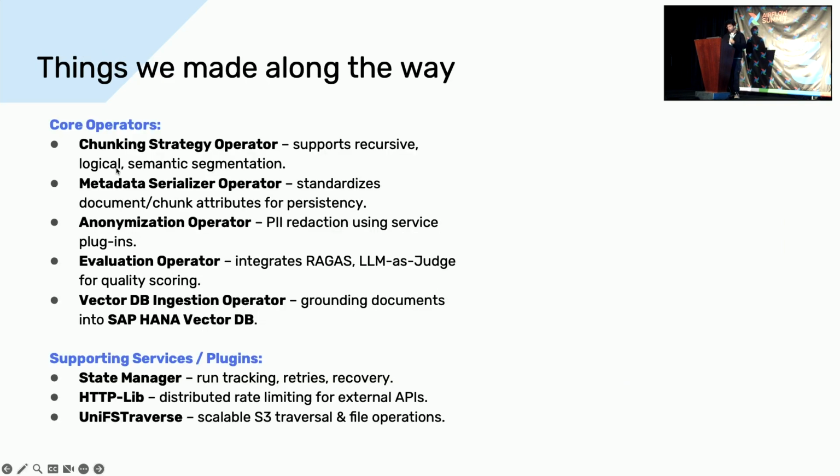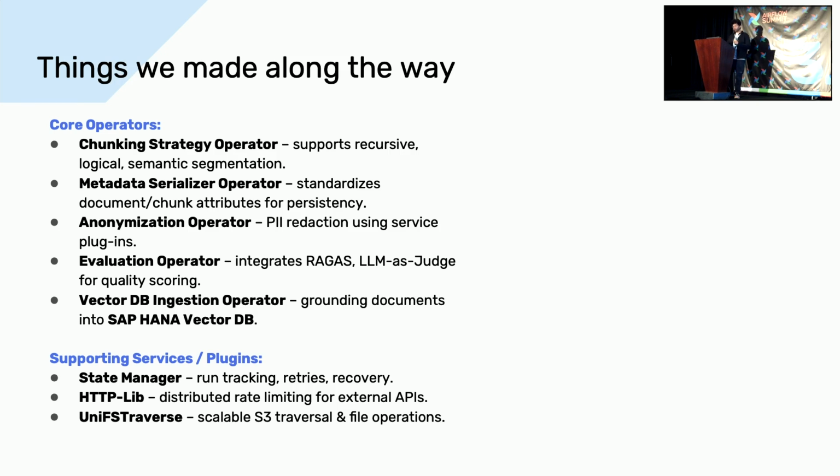So here are a couple of things that we created along the way to support this pipeline. As I went over, we created a chunking service operator, which supports advanced chunking techniques that we created in-house, a metadata serializer, an anonymizer operator, and evaluation as well. So whenever you ingest new data, how do you test how Joule for Consultant is performing? We have operators like ragas and LLM-as-a-judge quality scoring as part of the evaluation operator.